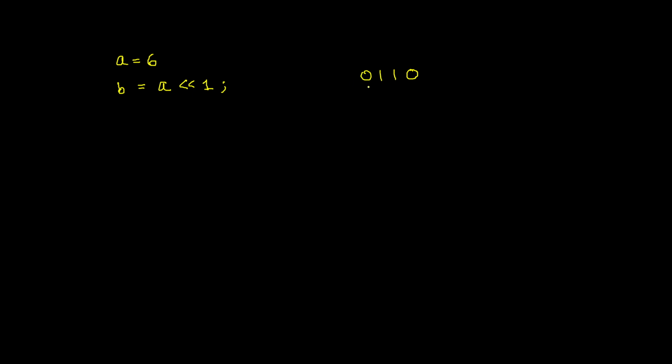So what will happen? As a result of this shift operation, what will I get? This 1 will come here, this 1 will come here, this 0 will come here, and the vacated place on the right will be filled up by 0, right?